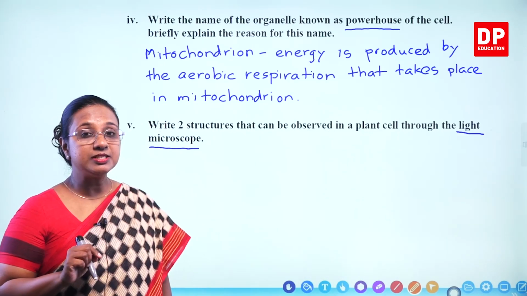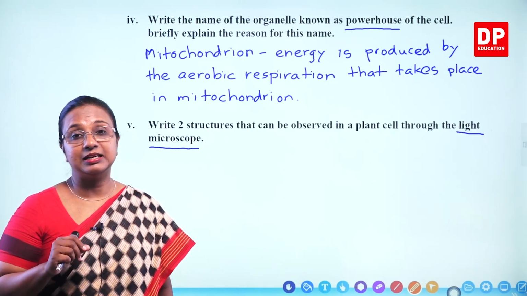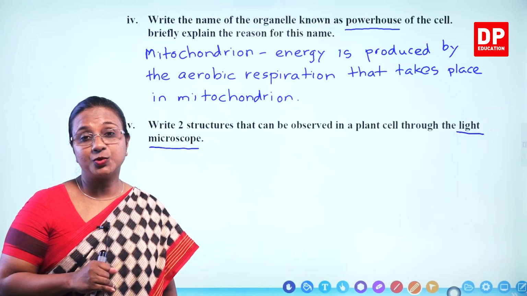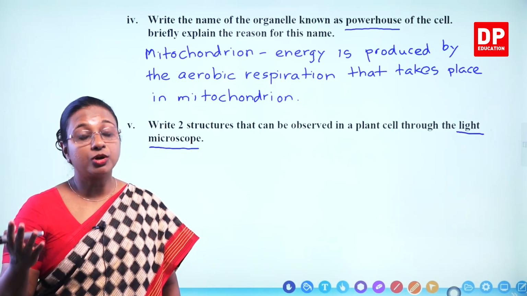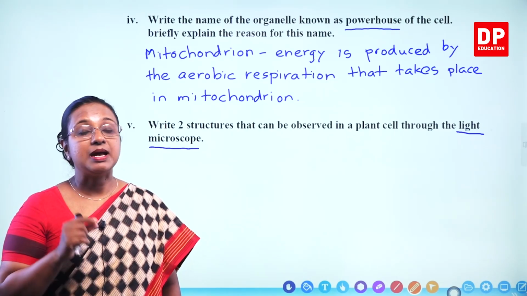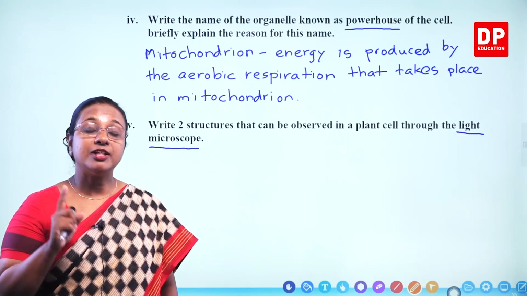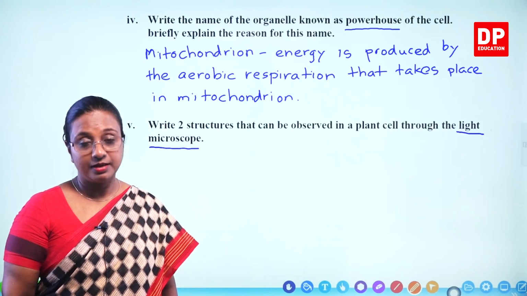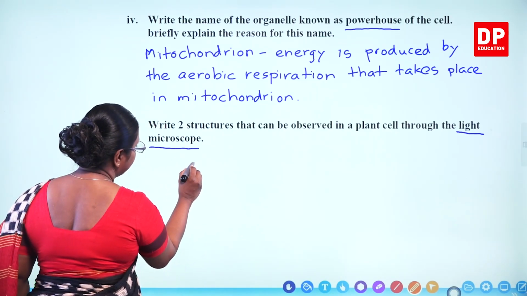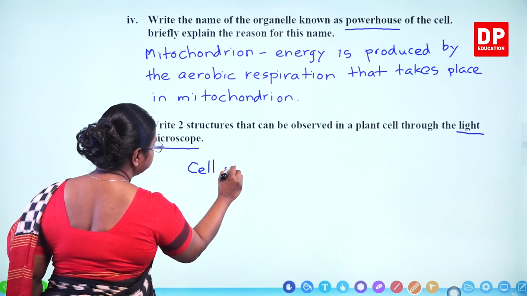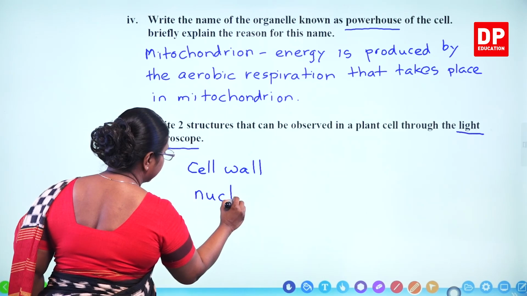But you know, students, usually the plant cells are green in color when you look through the microscope. Why? Because there is chloroplast or chlorophyll present. But we can't really see the chloroplast clearly. For that, we need to use the electron microscope. So here I can say we can see the cell wall and the nucleus.